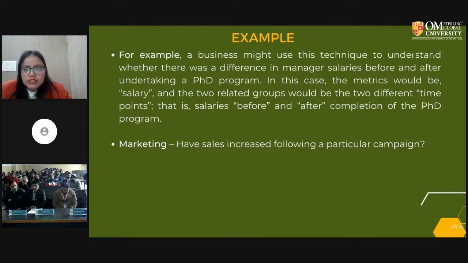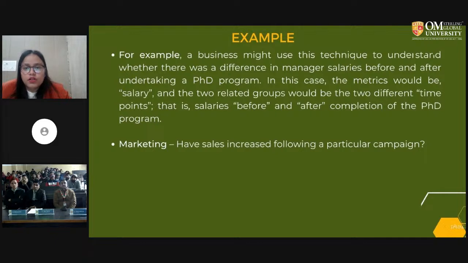In this particular example, the variable that they are studying is salary, and that salary is a metric variable, or you can say it is continuous or ratio scale. The two related groups are the managers, and we are taking these two related groups at two different points of time, that is, before the completion of the PhD and after the completion of the PhD.